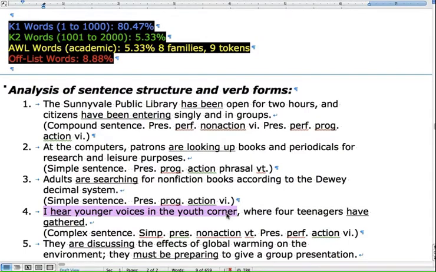It can stand independently. For example, if we wanted to put a period here, that sentence would be complete on its own. On the other hand, the second clause, where 4 teenagers have gathered, is a dependent or subordinate clause. It is subordinate, lower in value, to the main clause.